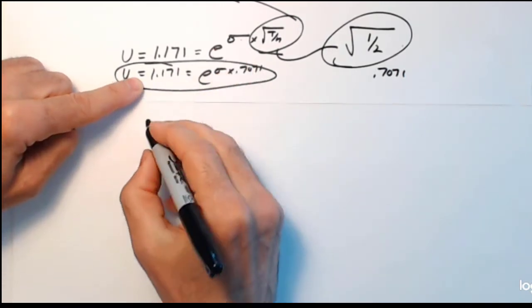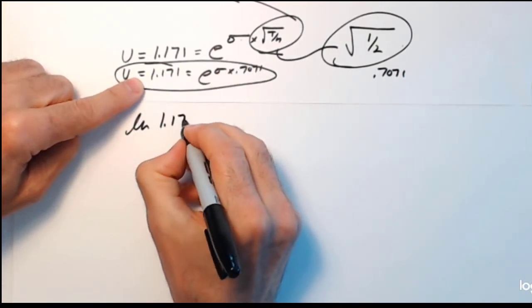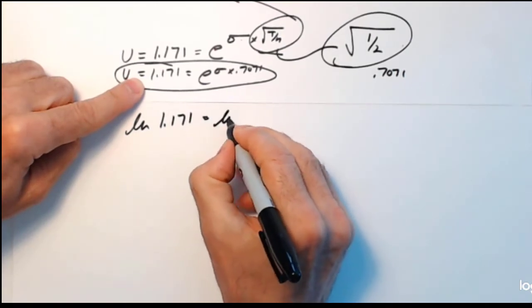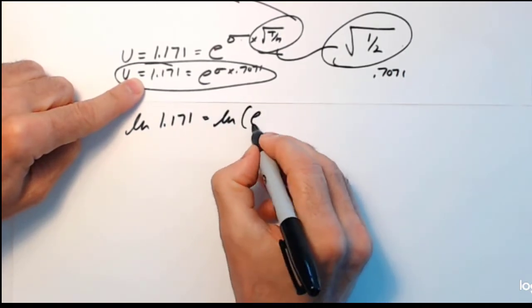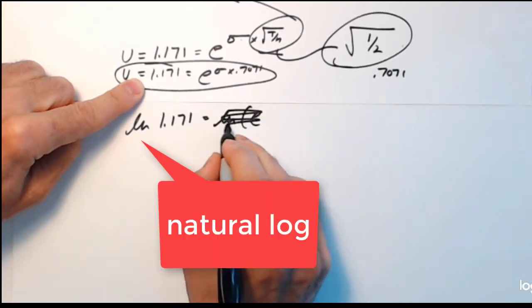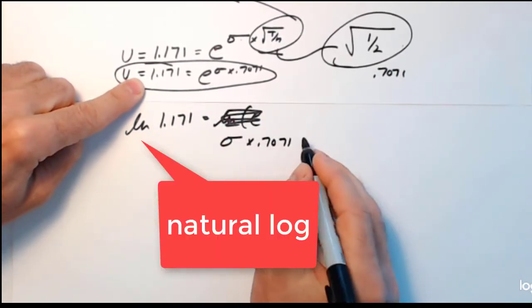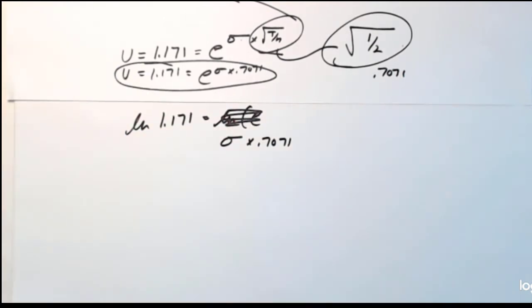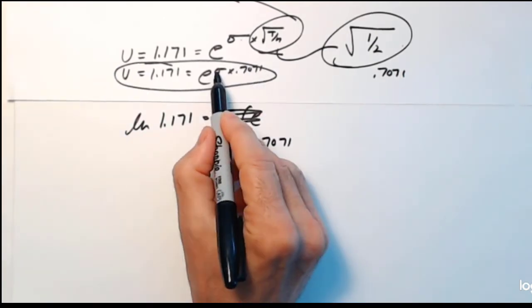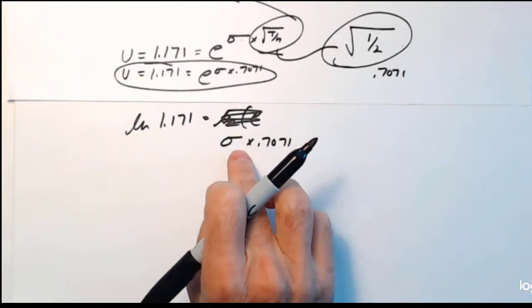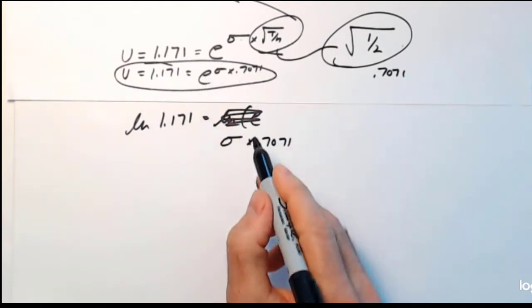And let me show you. It's going to be the log of 1.171 equals the log of e to the, well, let me just simplify it. It's just going to be sigma times 0.7071. All I'm doing is taking this exponent and bringing it onto this side, getting rid of the e.